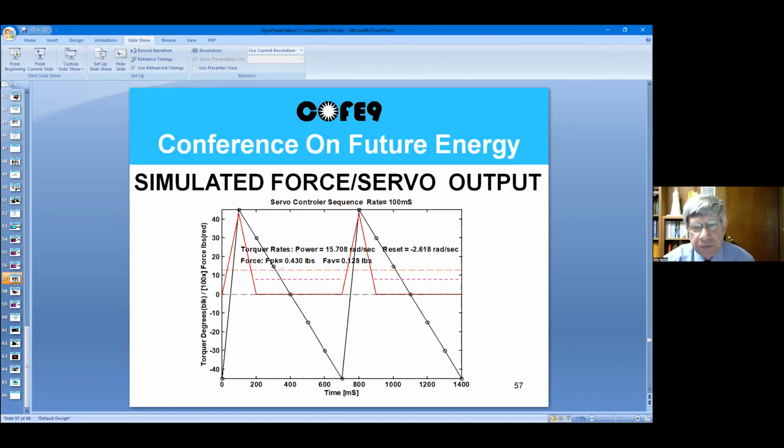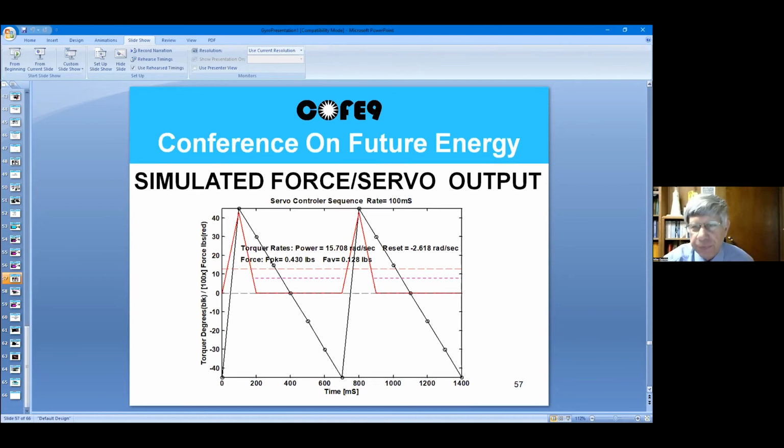When you take the average, it averages out to 0.128 pounds. And the torque rates, you got 15.708 radians per second for the high-speed power pulse, and you get a minus 2.618 radians per second for the reset. Now that's not smooth, so that's a little bit of a problem there.